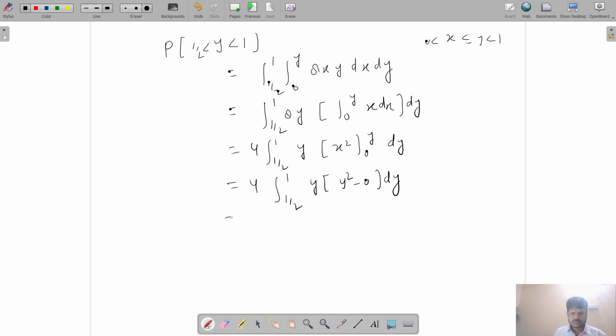So this becomes 4 times the integration from 1 upon 2 to 1 of y cube dy, right? So you can write 4 upon 4 times y raised to power 4 with limit 1 upon 2 to 1, right? So this 4 cancels.